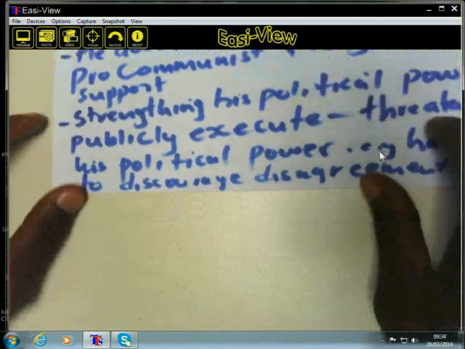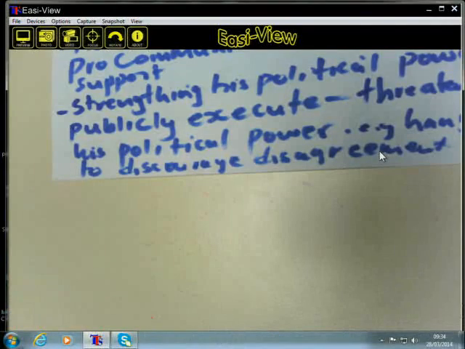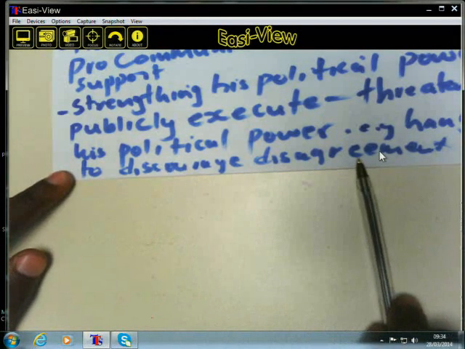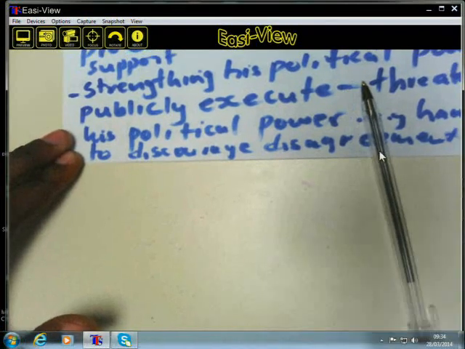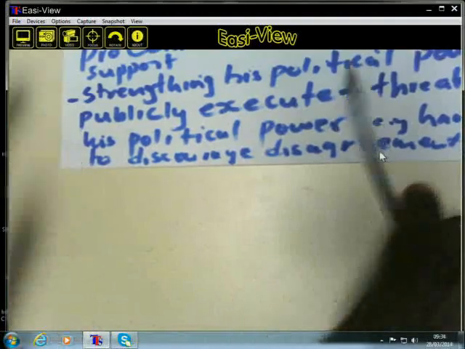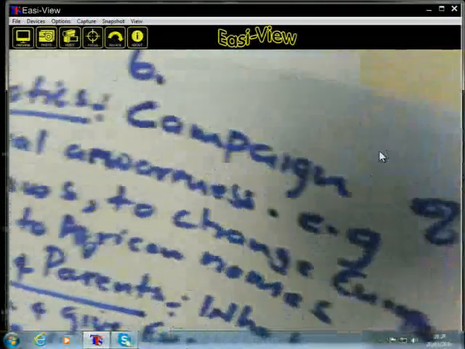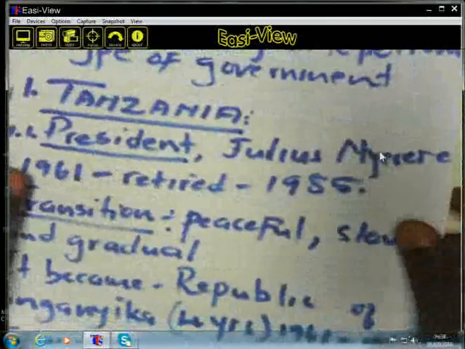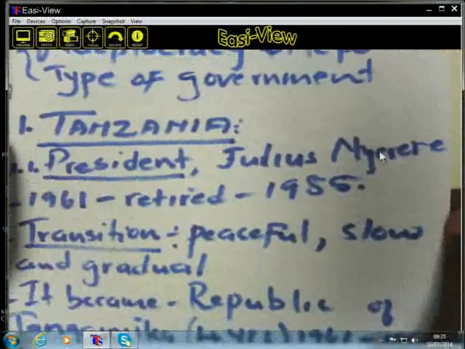The reason for them to be hanged in public was to discourage disagreements. Those people who disagree with him should have a fear to publicly disagree with him because they will be hanged. That was the political situation that existed in Congo under the second president, Mobutu Sese Seko.